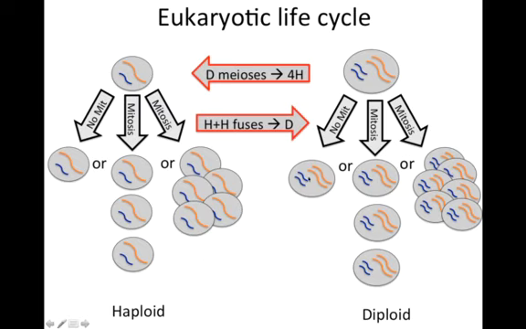Similarly, every eukaryotic species has a diploid stage, which could either be transient, that is no mitosis during the diploid stage, or it could be a unicellular mitotic diploid organism, or it could be multicellular. So that's what I mean to depict with this. I think it's very useful that with this diagram you can take a species and figure out what the haploid stage looks like and what the diploid stage looks like, and you've got a pretty good picture of what's happening with the eukaryotic life cycle.